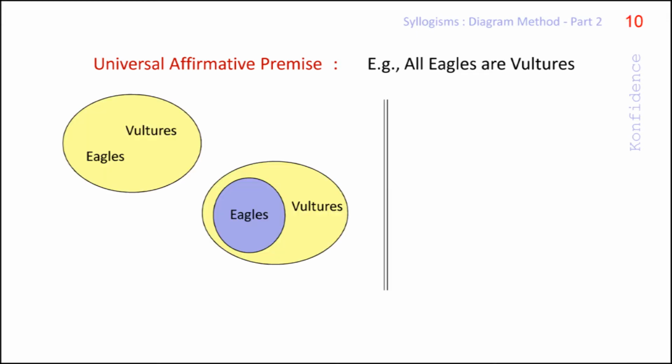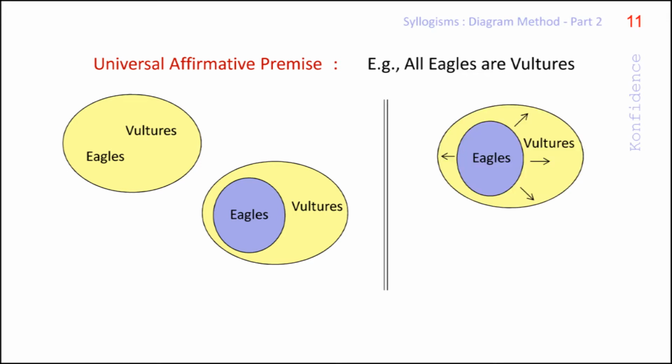Universal affirmative. Example: all eagles are vultures. The two possible diagrams representing the premise are shown on the left-hand side of the slide. If we are to use just one diagram to represent this premise, then we shall draw it as shown on the right side of the slide, with eagles completely within vultures.